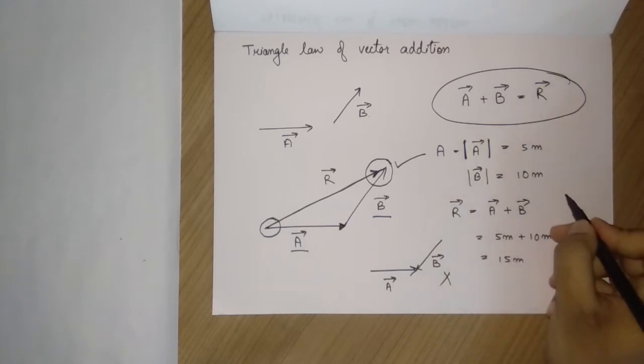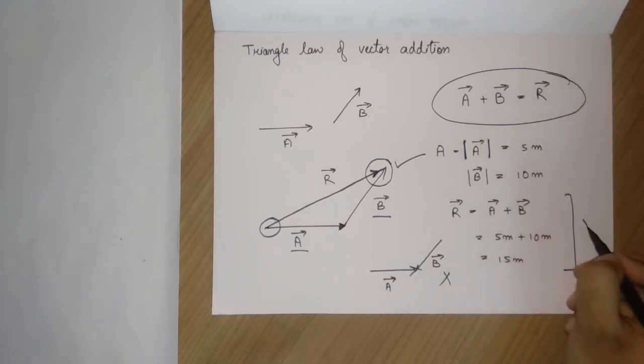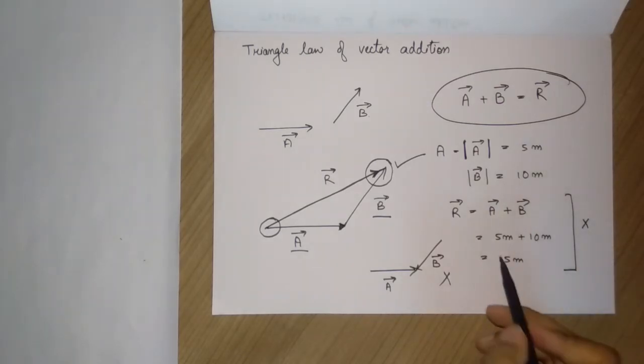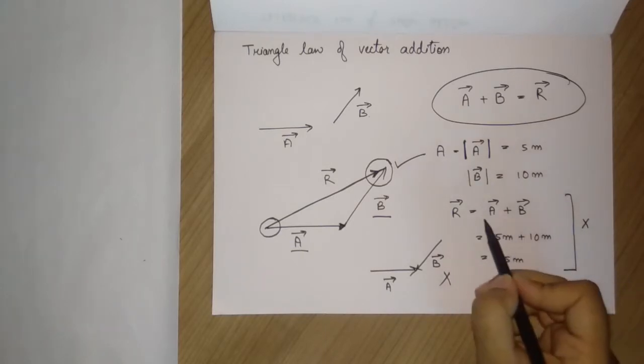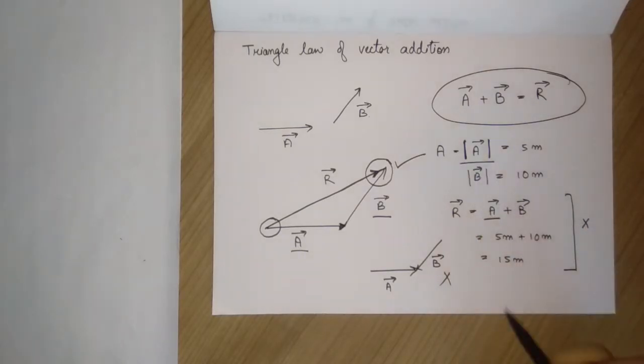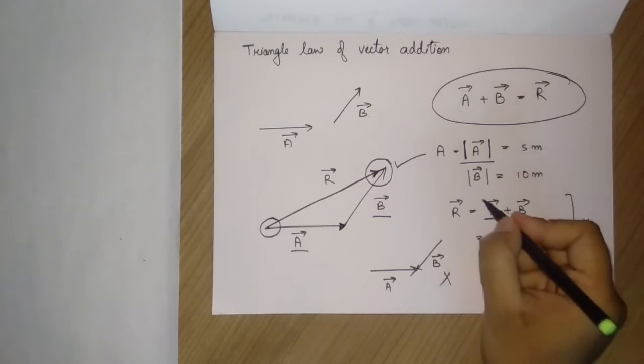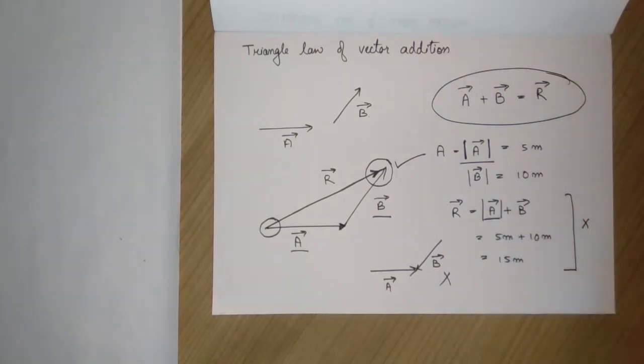But this is a completely incorrect method. You cannot just simply add the magnitudes while adding two vectors, because notice, this is not the same as this. Is it the same? It does not have a modulus symbol. Does it have? It does not have a modulus symbol, whereas this has a modulus symbol, which makes a complete difference in the addition of vectors.